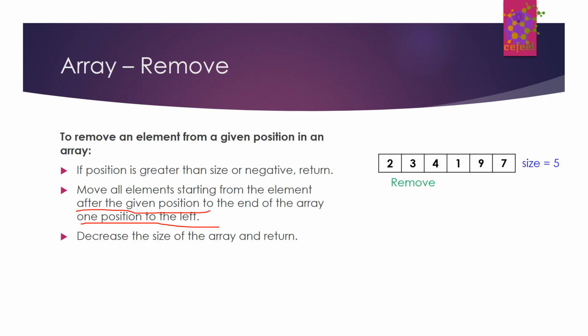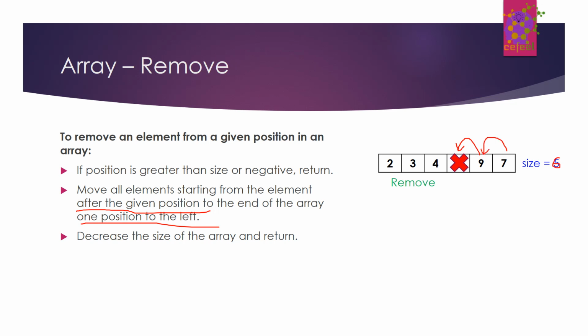So let's take the same example of 6 elements that we had. Now here the array size is 6, it's not 5. And then let's say we want to delete the element 1. So as we delete the element 1, the first step is we'll move 9 to replace 1, that is to the left side, and then we'll move 7 to 9.